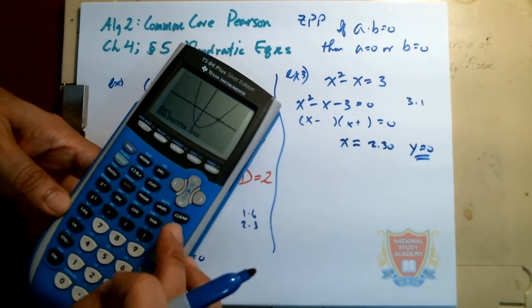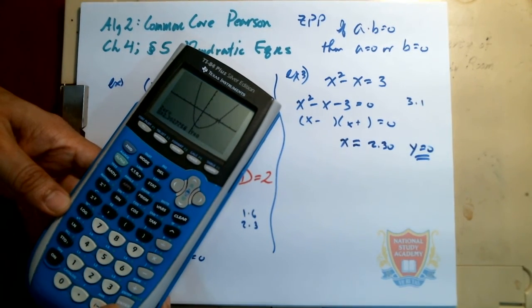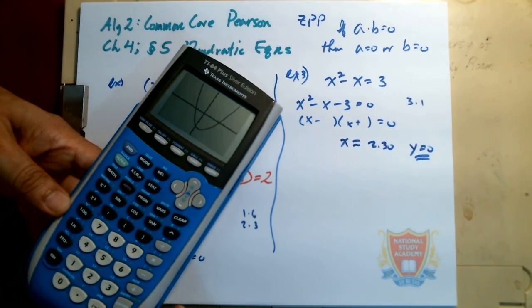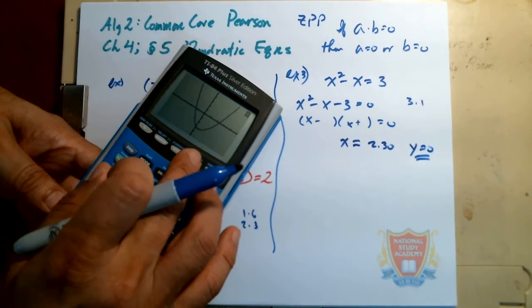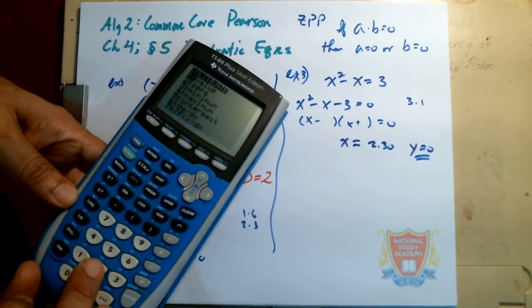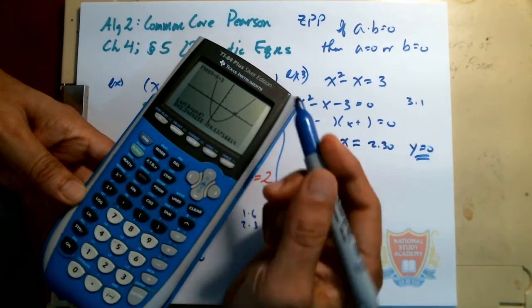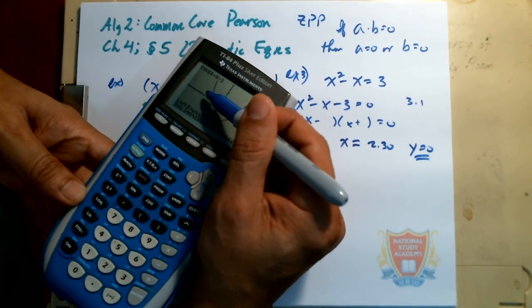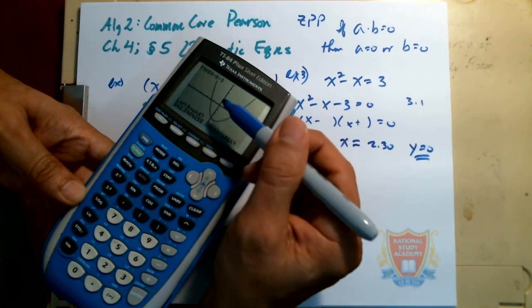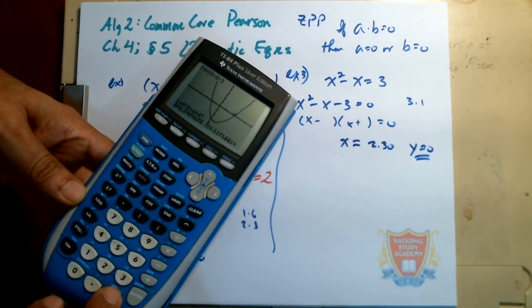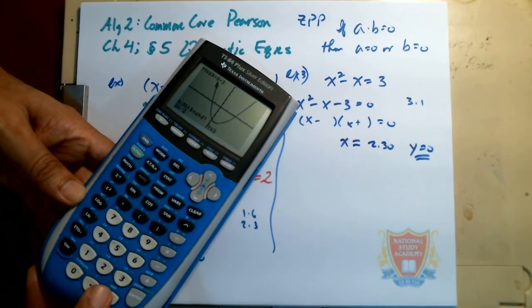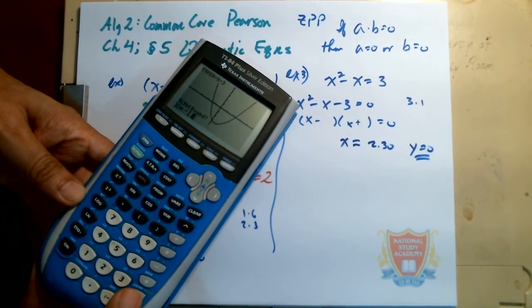For the left one, I'm going to show you a different way. I'm going to calculate the zero again, which is number 2. Instead of using my arrow key, I'll use the interval between -2 and -1. I'm going to enter -2 for the left bound and -1 for the right bound.